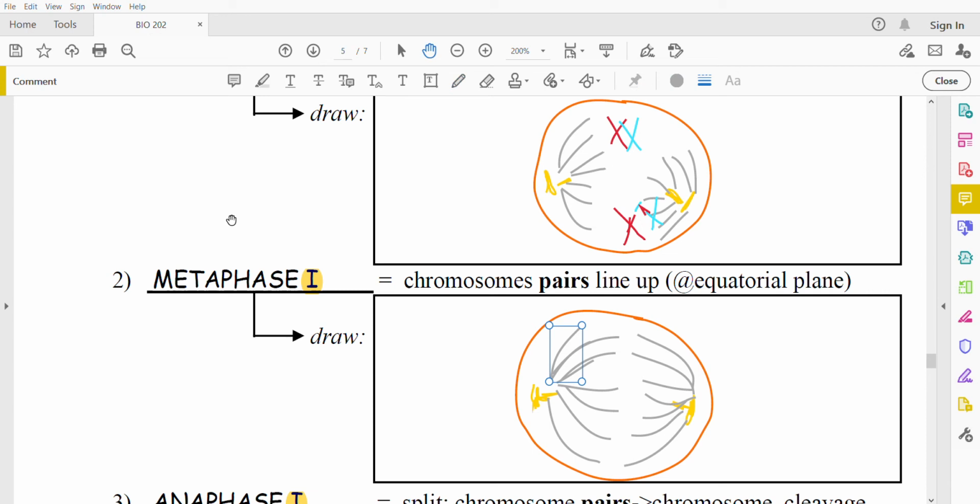So that's our metaphase 1. During metaphase 1, the chromosomes line up on an equatorial plane just as before. But what's interesting is that they line up in pairs.